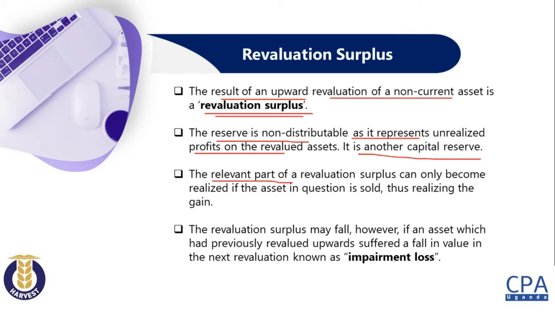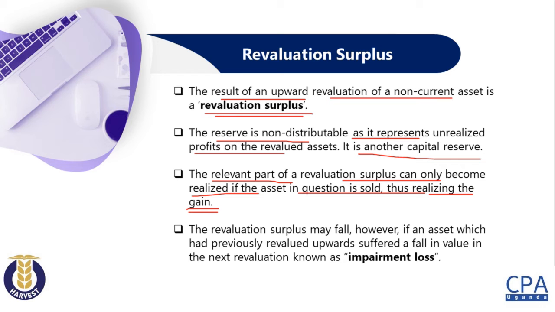The relevant part of the revaluation surplus can only become realized if the asset in question is finally or eventually sold. In that way, you'll be able to realize the gain or that increase in the revaluation. We know that time and again assets keep on increasing value, especially land and buildings.